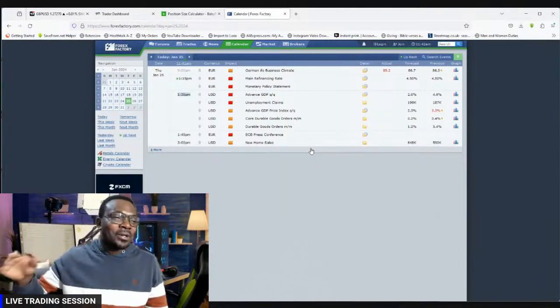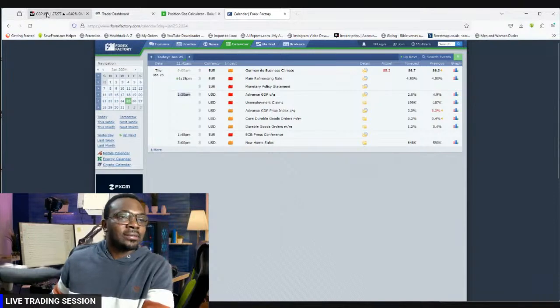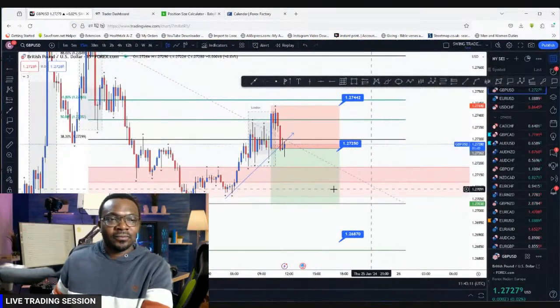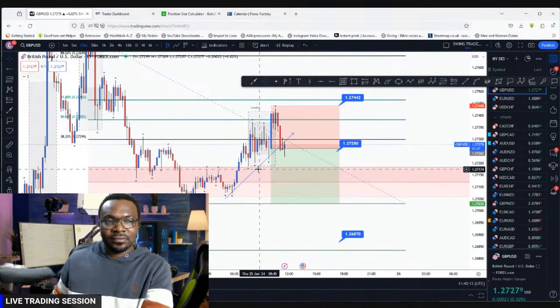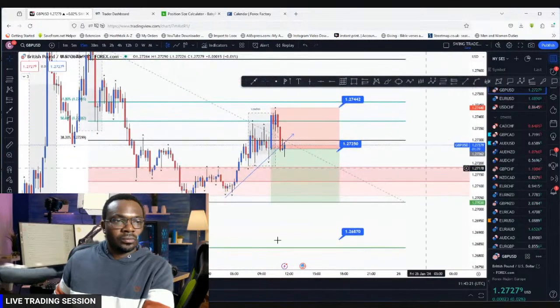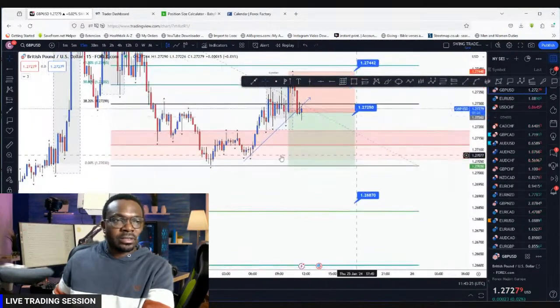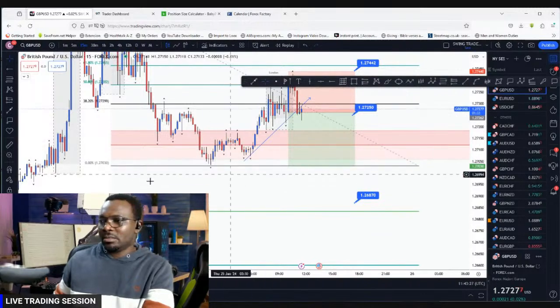Otherwise, we're trapped in the consolidation. I just saw it now. Oh dear. But I see the opportunity of price taking out this liquidity.